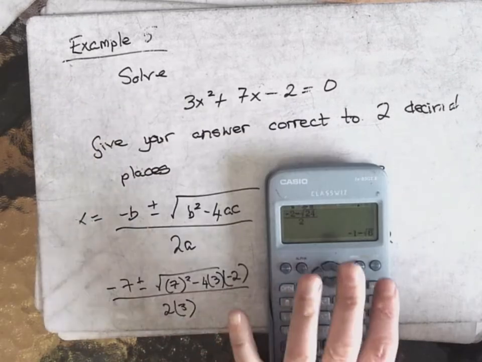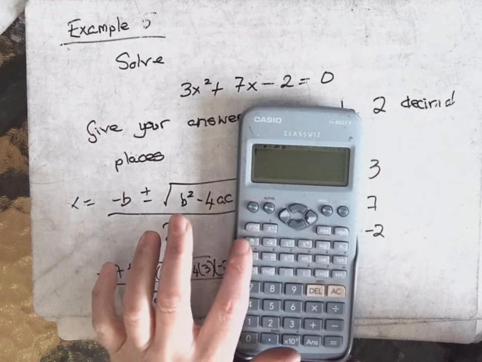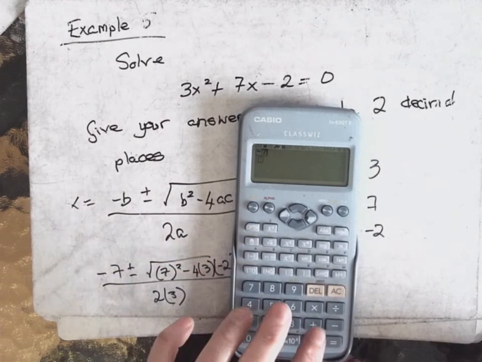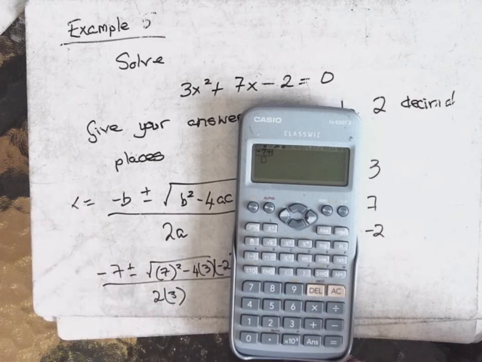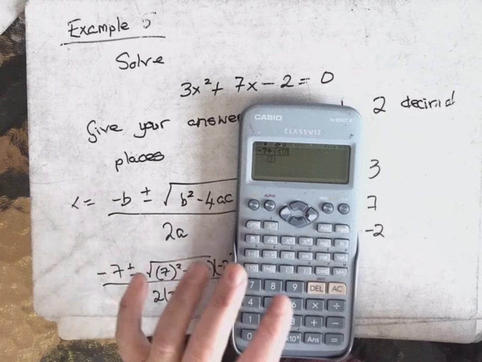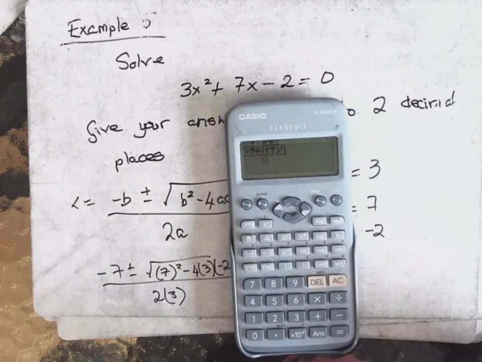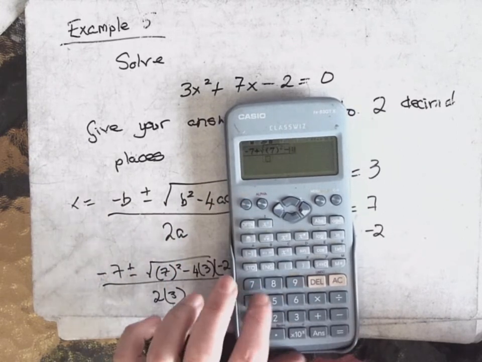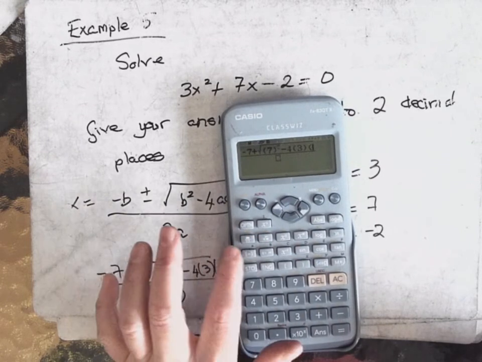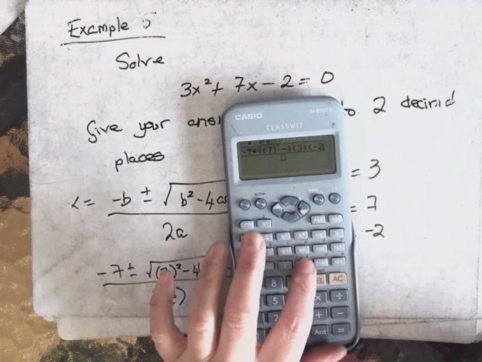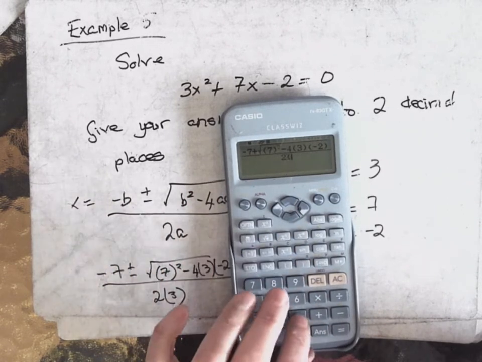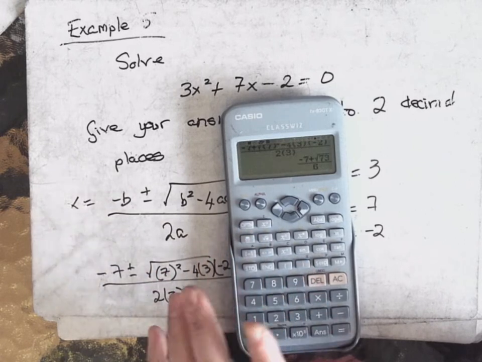Press your fraction button first, then minus 7, use the plus to start with, the square root of 7 squared minus 4 open bracket 3 close bracket open bracket minus 2 close bracket, all over 2 times 3, equals.